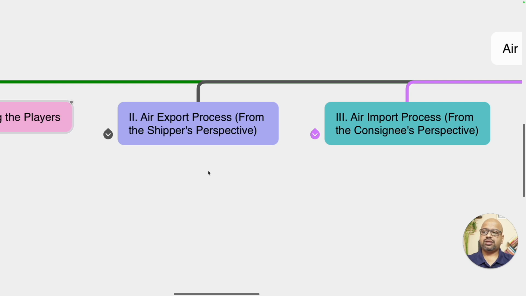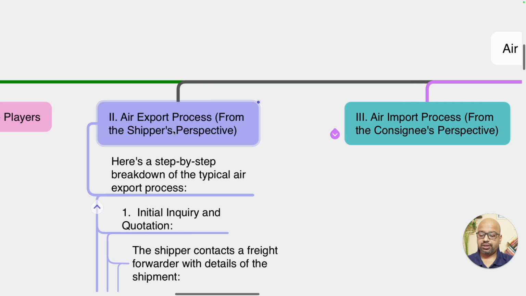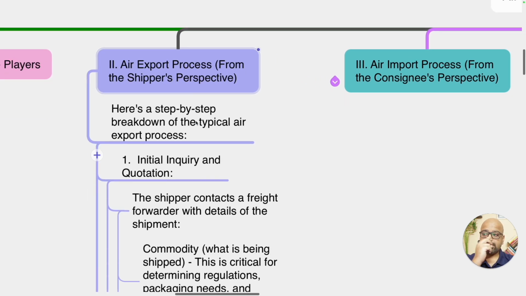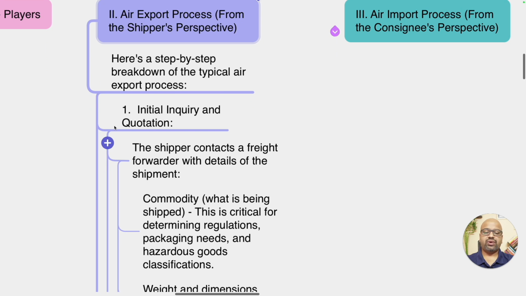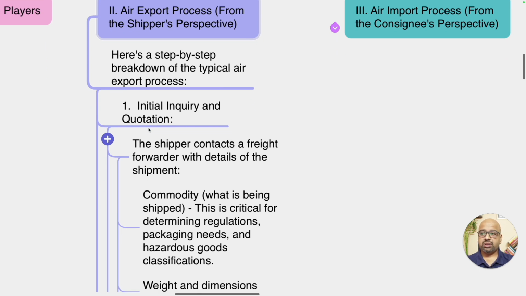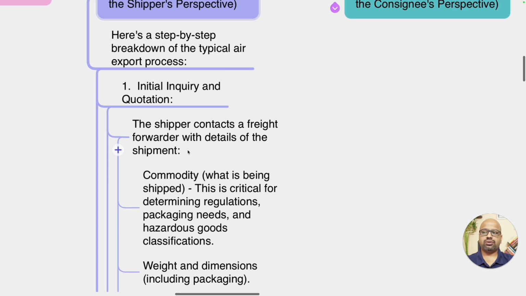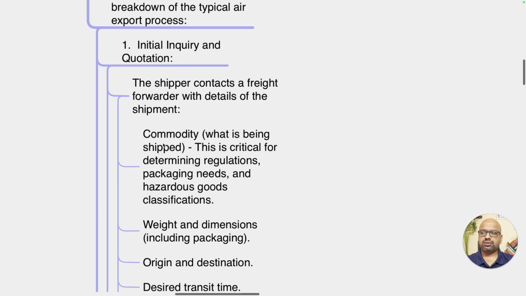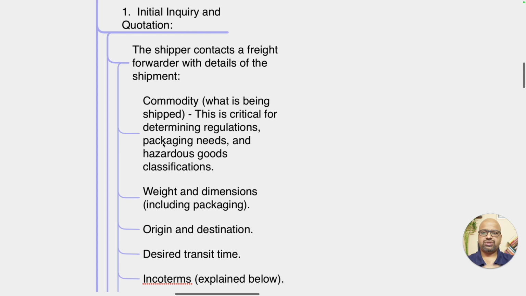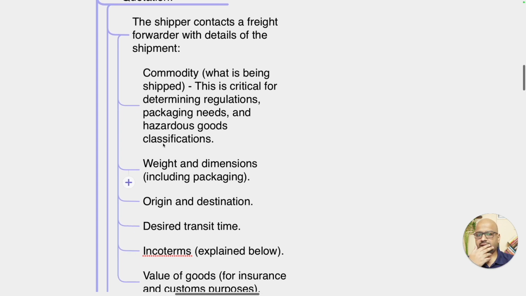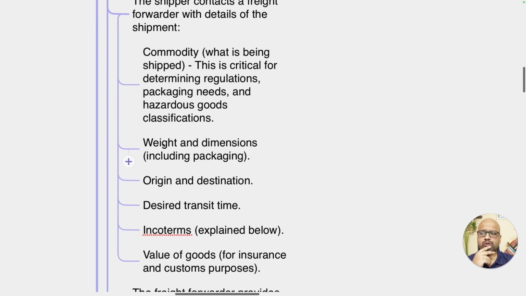Then comes the air shipment process from the shipper's perspective. The shipper means the exporter who is going to send this product out. Let's understand it step by step. First, we generate an inquiry, and then we receive a quotation. The shipper contacts the freight forwarder and shares the whole details, commodities and everything, and we also provide all the documents.